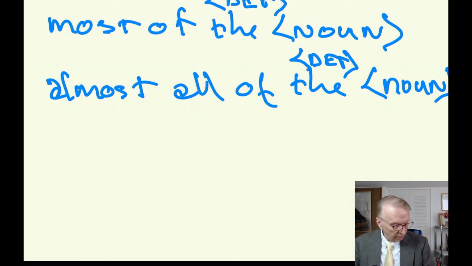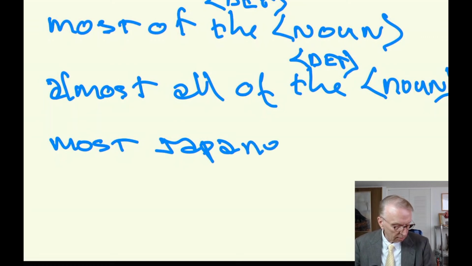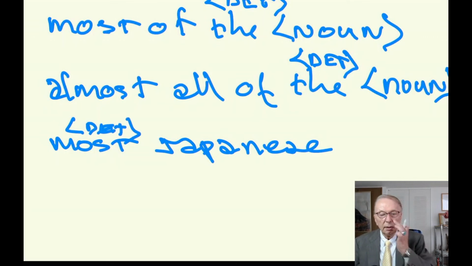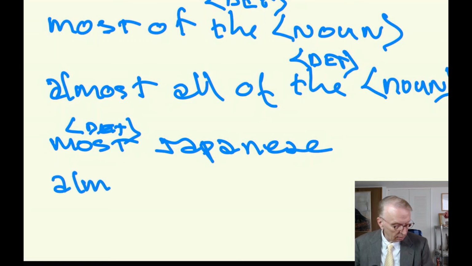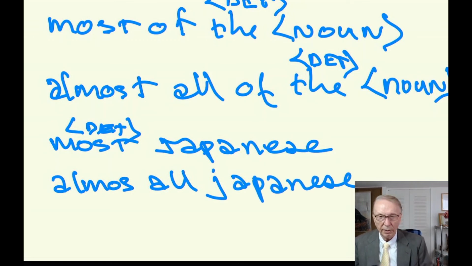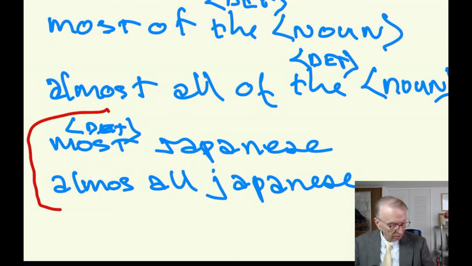So also, if you say most Japanese, where most is a determiner, this is virtually the same as almost all Japanese. So watch out for this now so that you don't make mistakes, right?